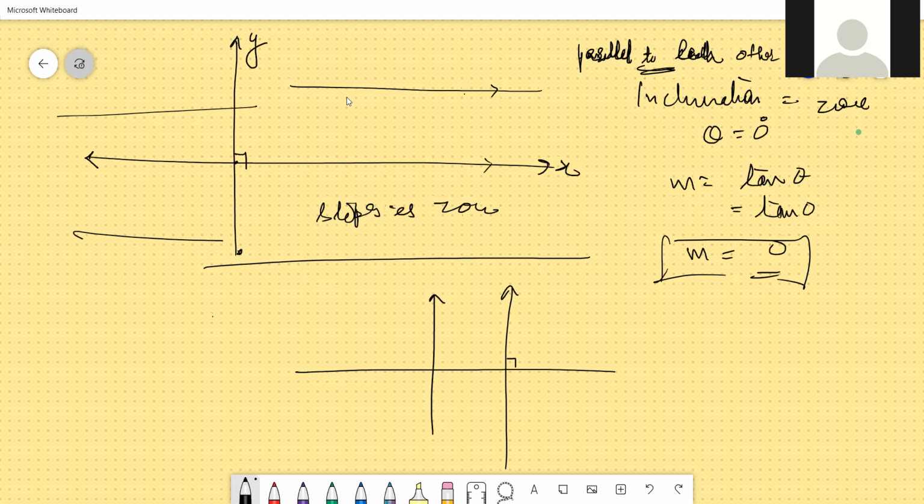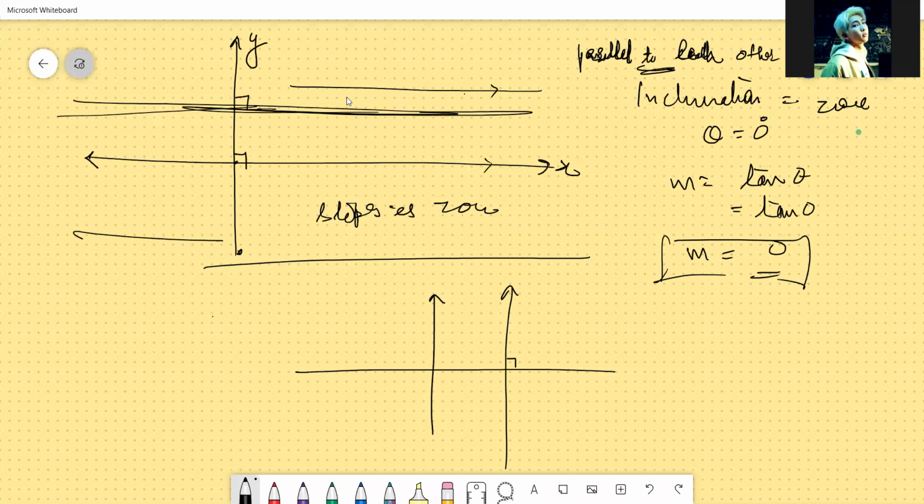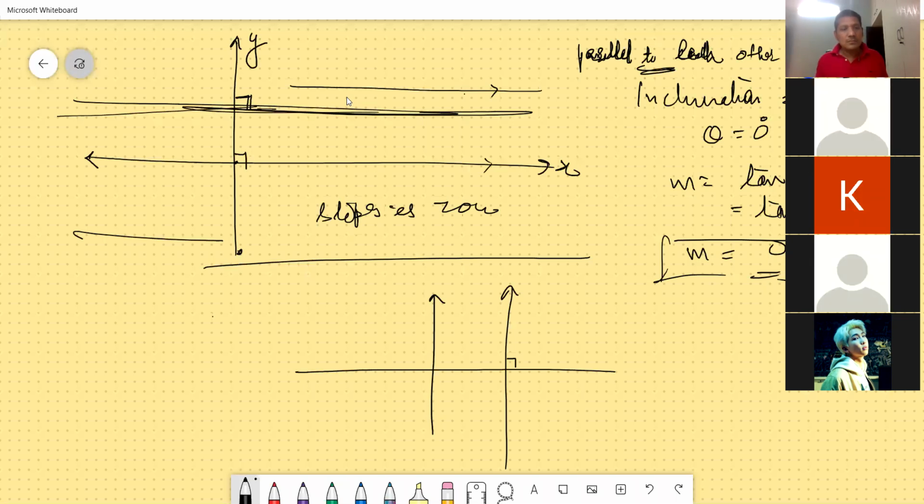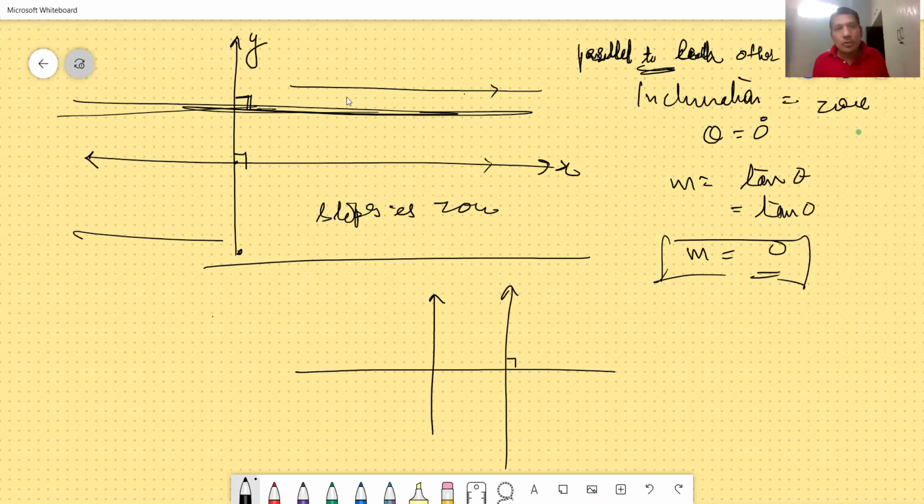Now here I can add one more point. जो line axis x के parallel है, वो axis y के perpendicular है, right? तो जिसका इंक्लिनेशन x एक्सिस से 0 होगा उसका इंक्लिनेशन y एक्सिस से 90 हो जाएगा.